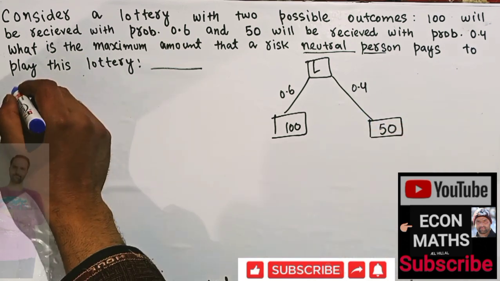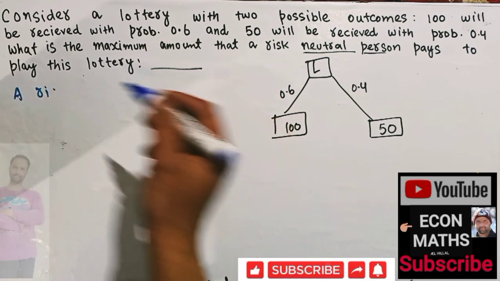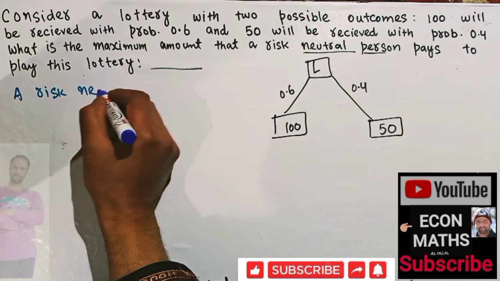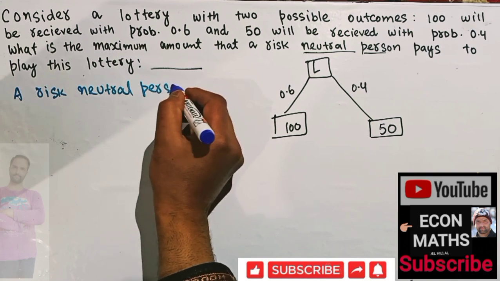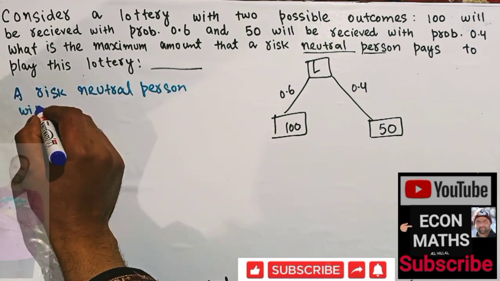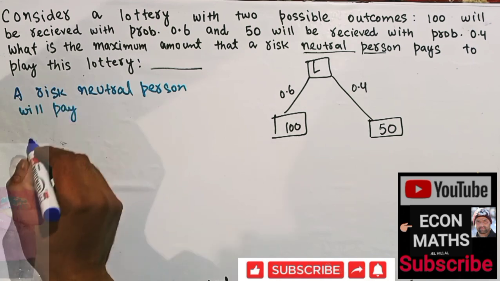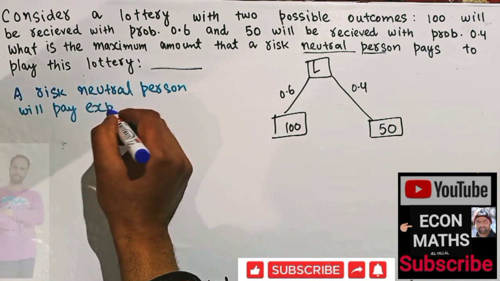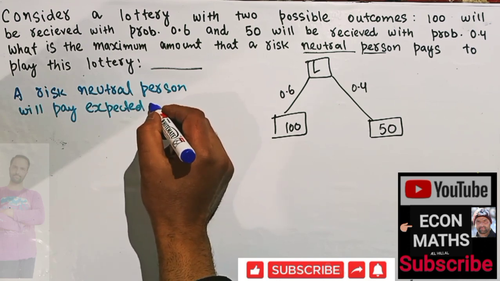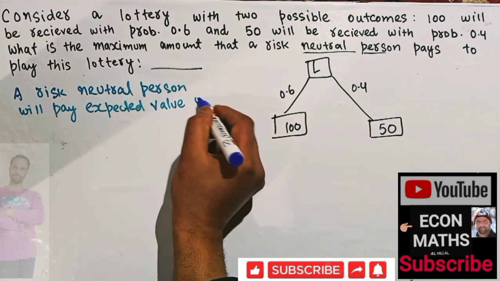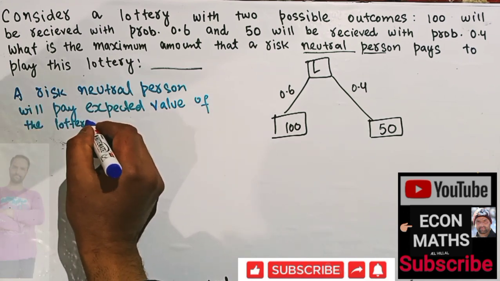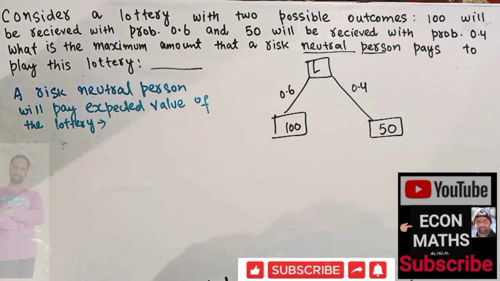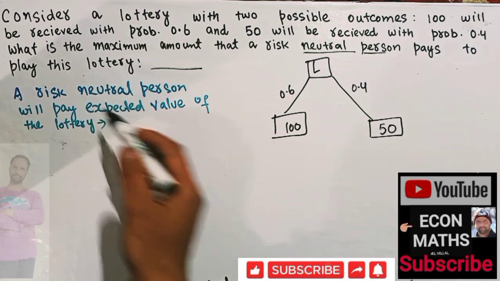Let me write it here: a risk neutral person will pay the expected value of the lottery.